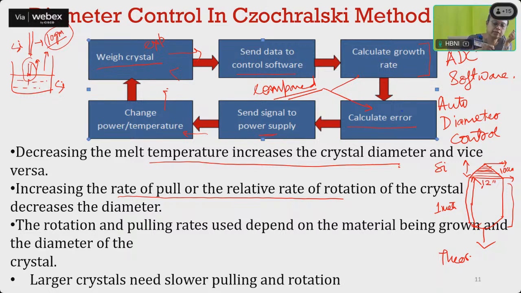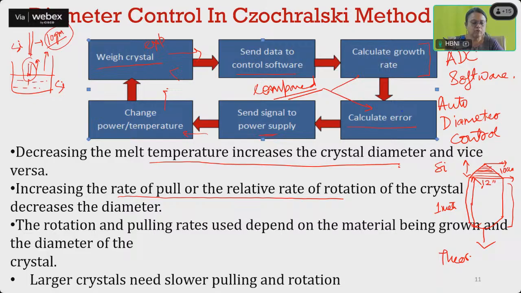Why is it rotated? Generally, the rotation is to homogenize the melt and the temperature gradient within the melt. So increasing the rate of pull or the relative rate of rotation of the crystal decreases the diameter.